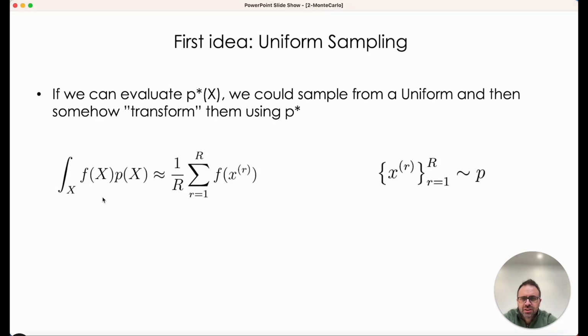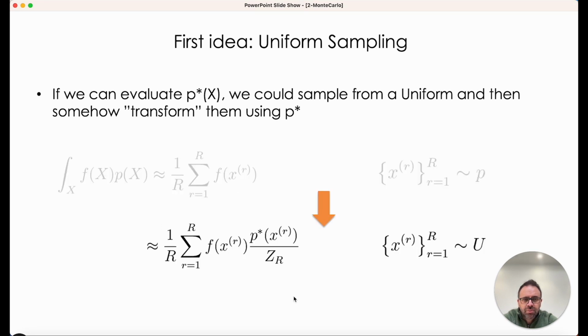We want to compute the expected value of a function under some distribution by approximating it, averaging just the samples coming from that distribution applied to f. But now our samples will come from the uniform distribution. That means we cannot just evaluate the sample under f, we will need to transform the samples. And the proposal here is to just evaluate the sample under P star and somehow normalize the sample.